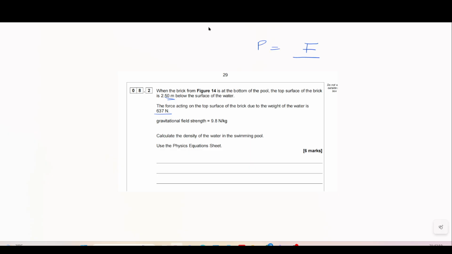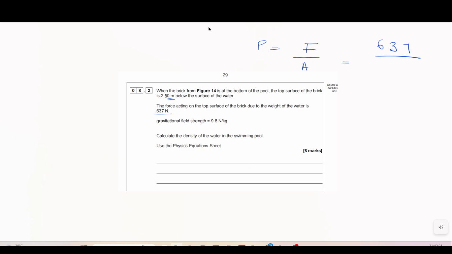Force per unit area is pressure, right? So pressure equals force divided by area. And force is 637 newtons, divided by 250 centimeters.